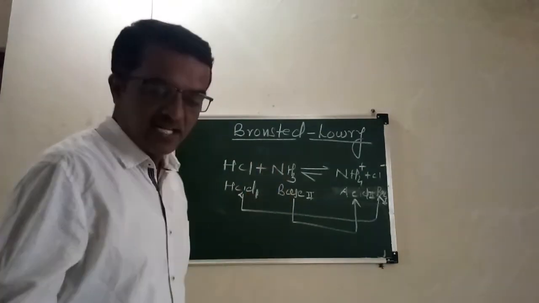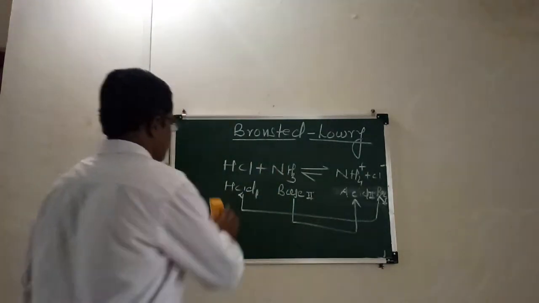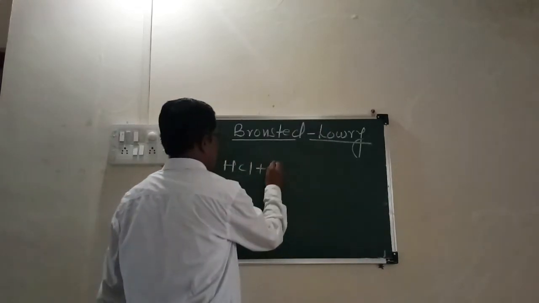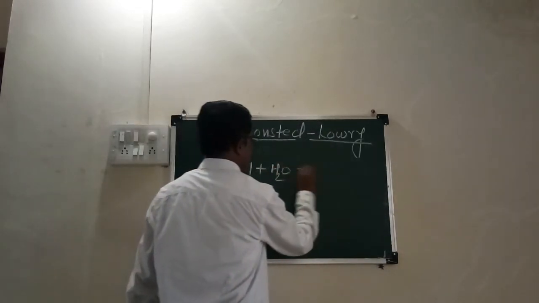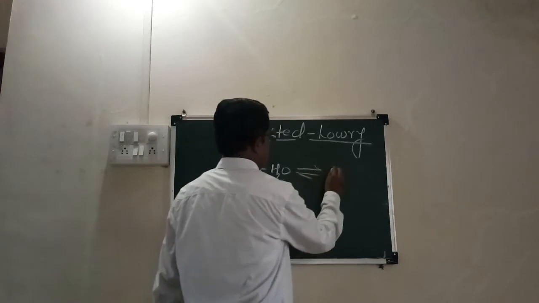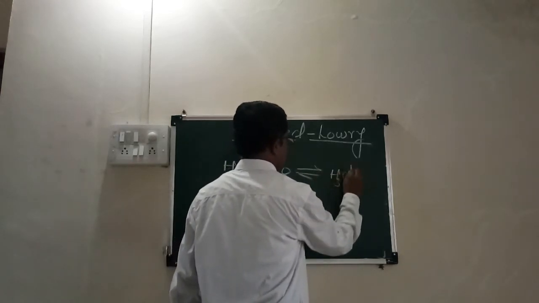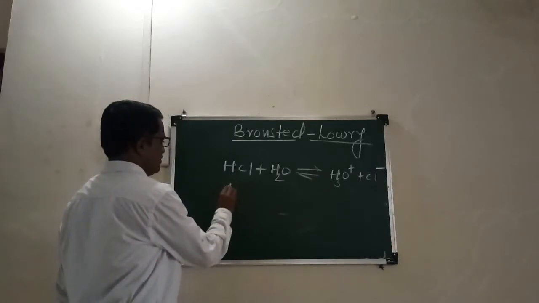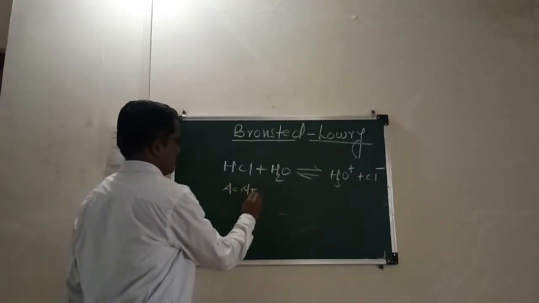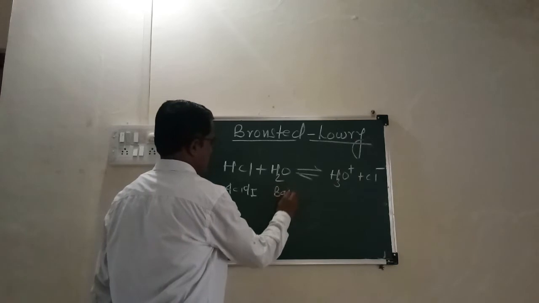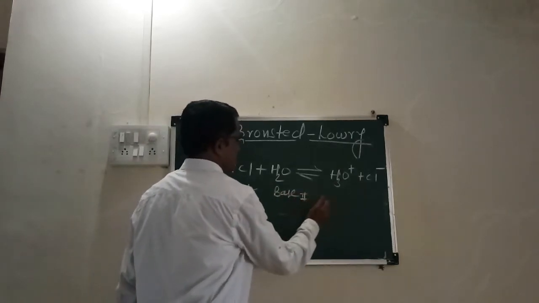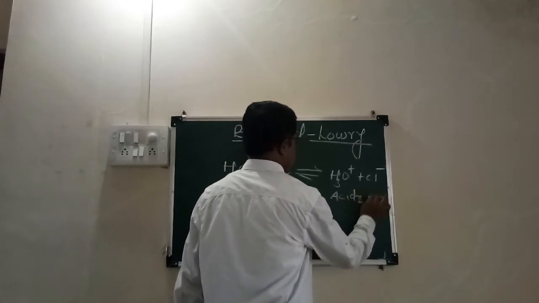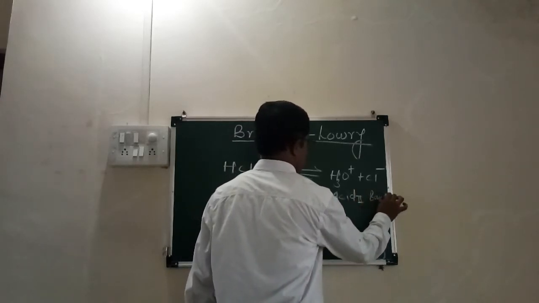Now take down another example for the conjugate acid base pair. When HCl reacts with water, it gives H3O plus ion plus Cl minus ion. Now this is acid first, this is base second, this is acid second, and this is base first.